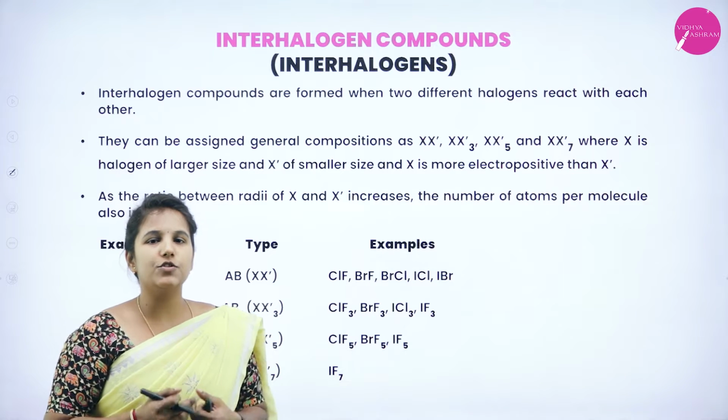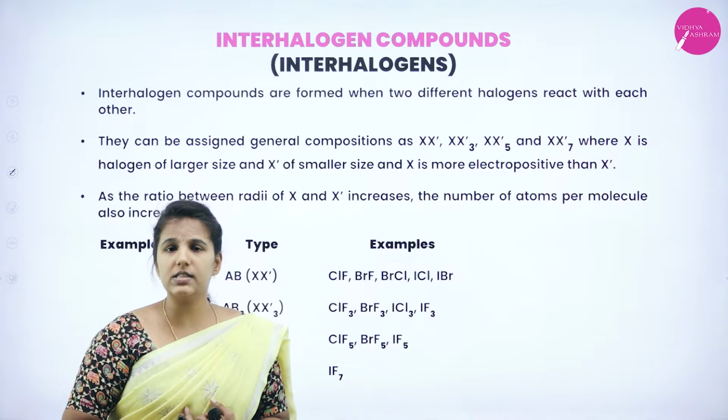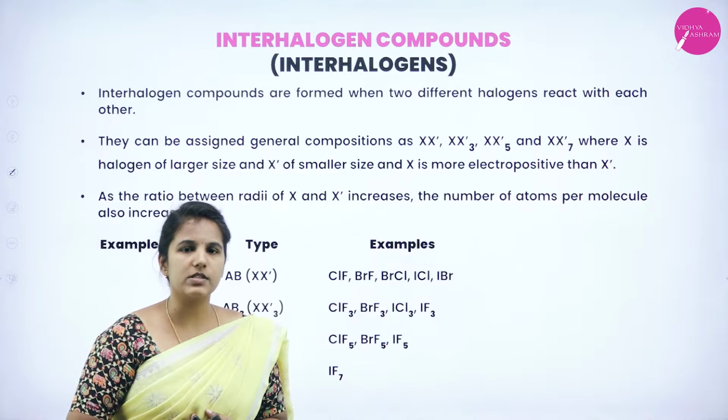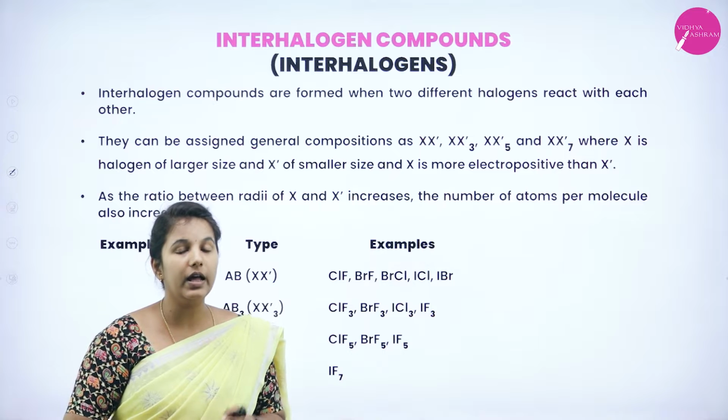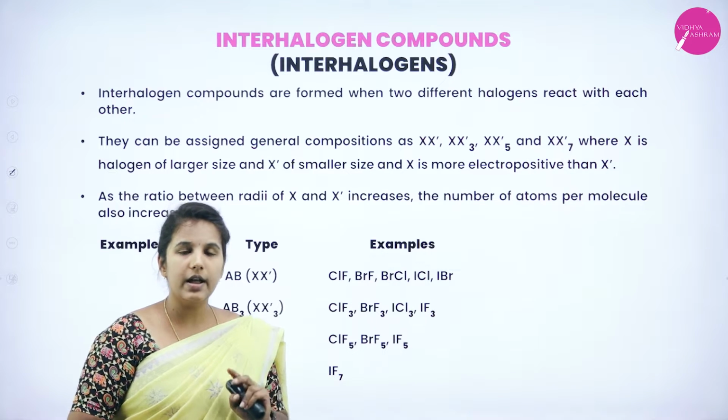Next is interhalogen compounds. Already we have discussed what interhalogen compounds are. These are the compounds formed by the reaction between two different halogen atoms.